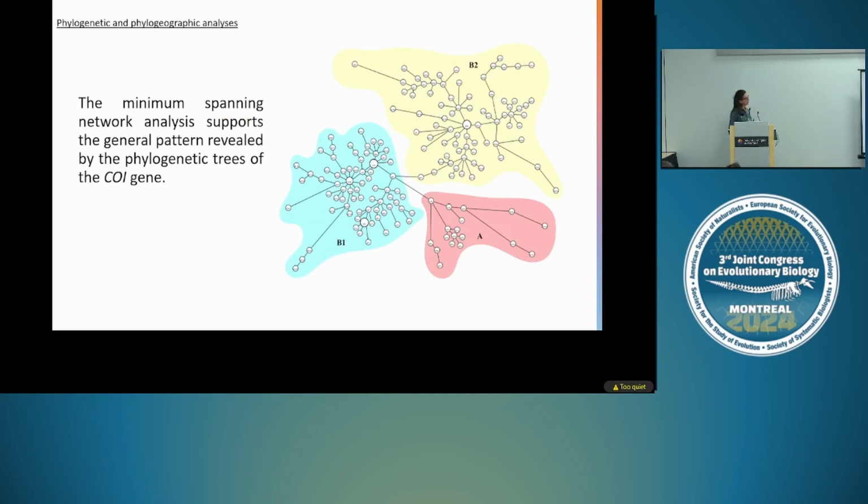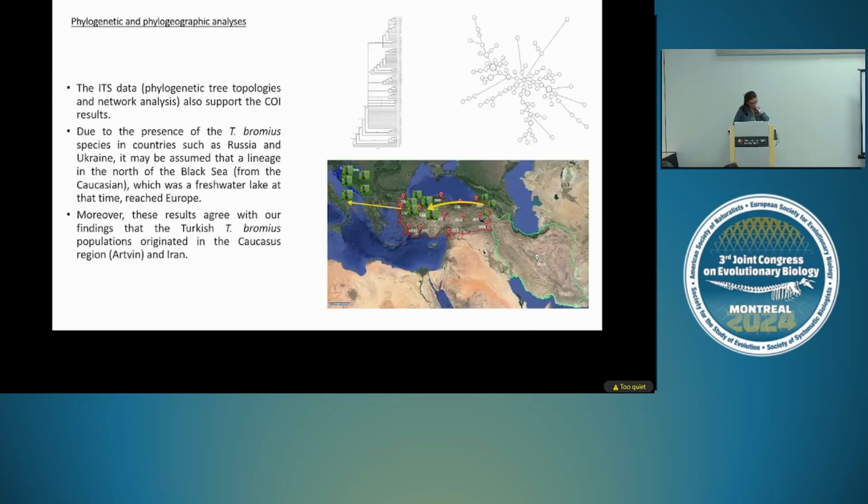Network analysis supports the general pattern of the phylogenetic tree for the cytochrome oxidase gene. For ITS data, phylogenetic tree topologies and network analysis also support this cytochrome oxidase result.